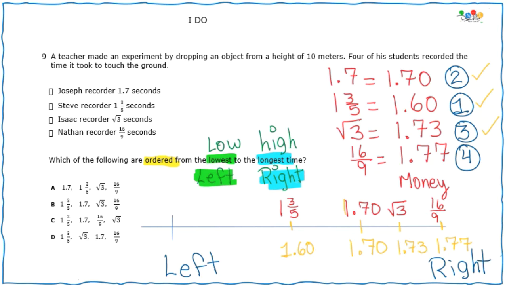So I want to find the number that is furthest to the left on my number line. Is that right? So what number is furthest to the left? Well, I do see it up here. It's 1 3/5. Is that right? Now we do have almost all of them starting with 1 3/5. But what's the next one? 1.70.